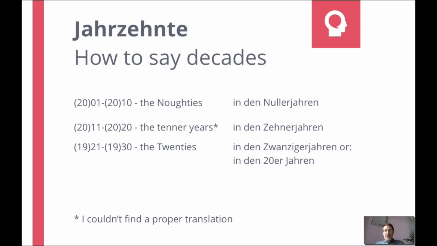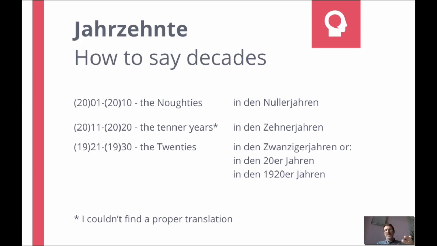We have still another writing. Let's assume we write the year 2030 and we want to talk about the 20s, but then we have several options. Do we mean the 20s of the last millennium or the new? So we have to add the century to it, or the millennium even, in den 1920er Jahren.